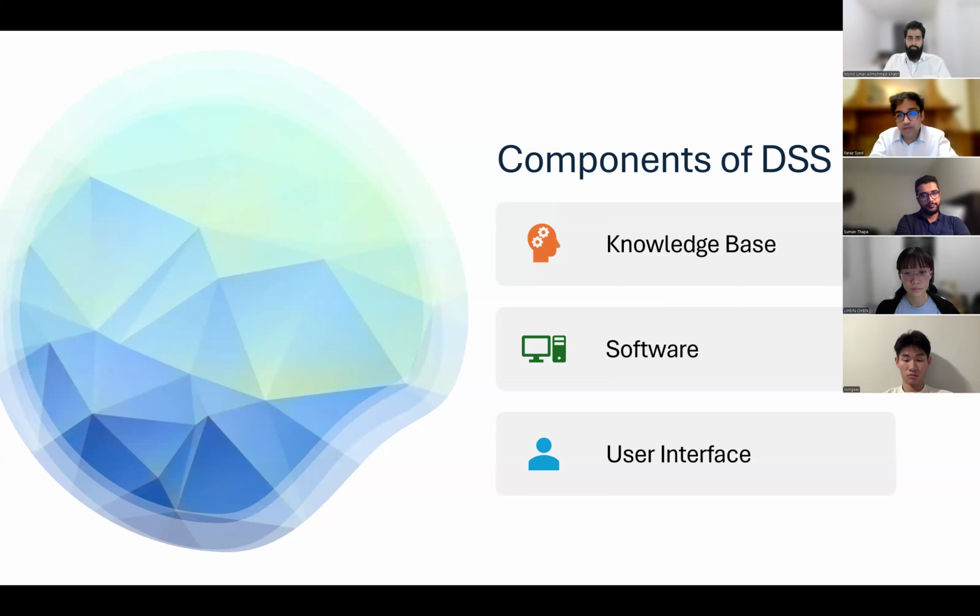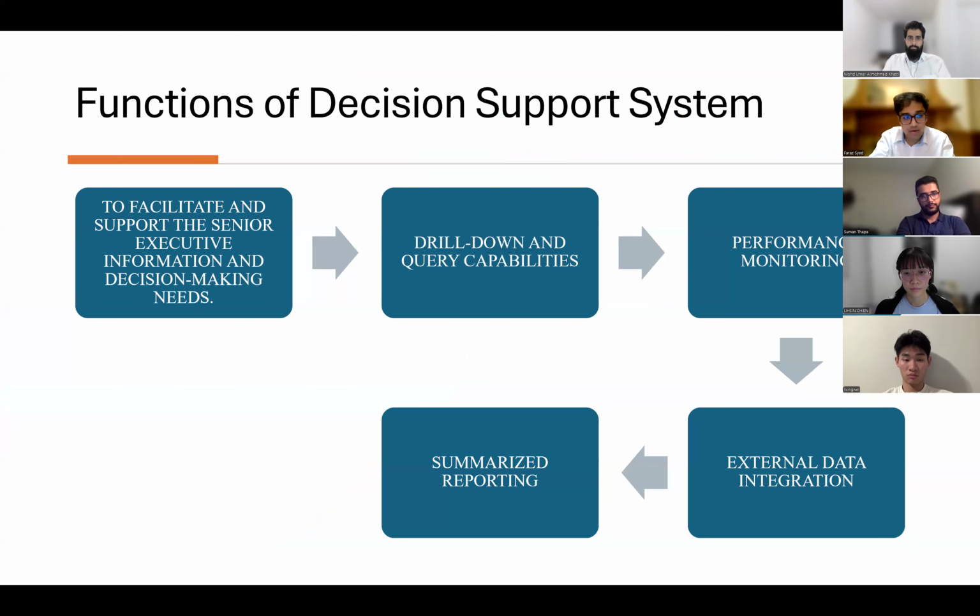Now I'd like to move forward and talk in more detail about the functions of the decision support system. The primary function of a decision support system is to facilitate and help senior executives in decision making and their decision making needs. But there's more to it. It helps you drill down and query, and it helps you monitor your performance.